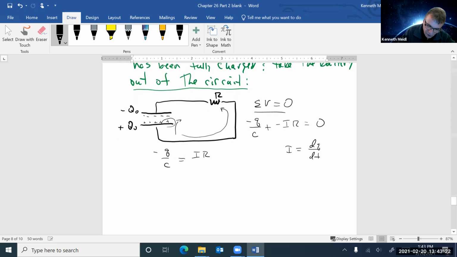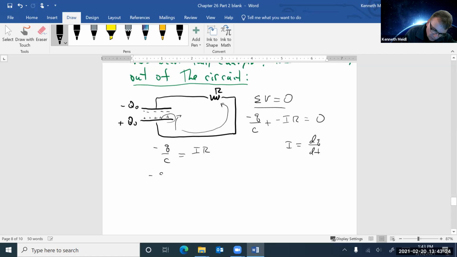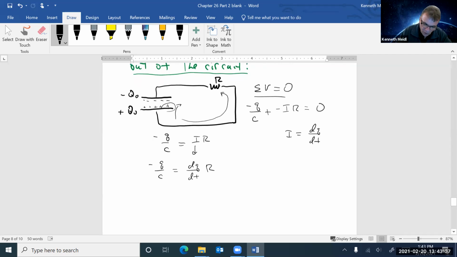I'm going to make that substitution so I can deal with this equation with just one thing that is changing. When I do this, I end up with a very nice, once again, separable differential equation. So get all of your Q's on one side and everything else on the other side, and I'm going to multiply both sides by dt.